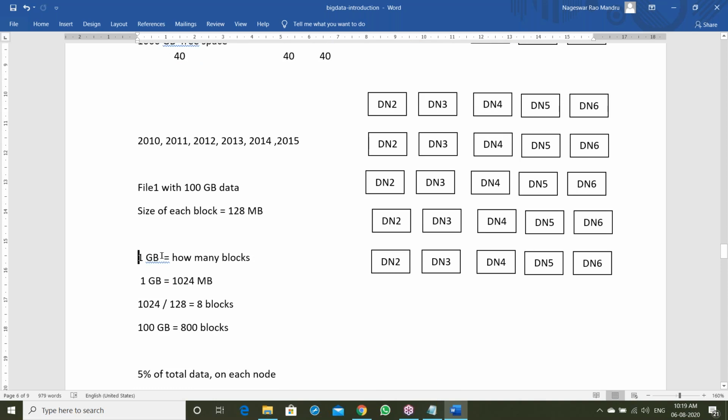First, let us check 1 GB. 1 GB equals how many blocks here? So 1 GB is equal to 1024 MB, right?